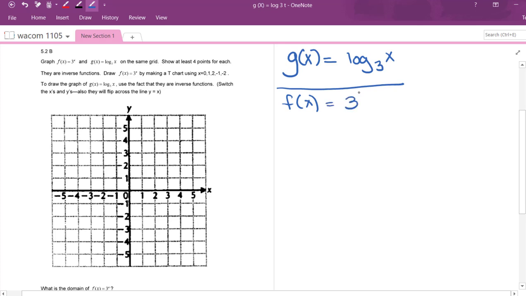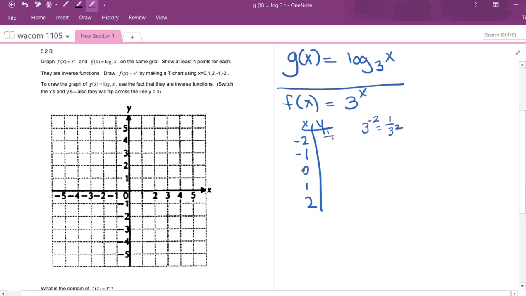I'm going to graph 3 to the x, and I'll do that with a table. I want to get some different values here, so I'll do -2, -1, 0, 1, and 2. That's high enough. Then I'll just plug those in. So 3 to the -2 is 1 over 3 squared, which gives you 1/9.